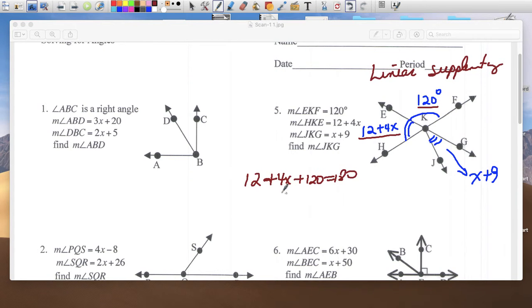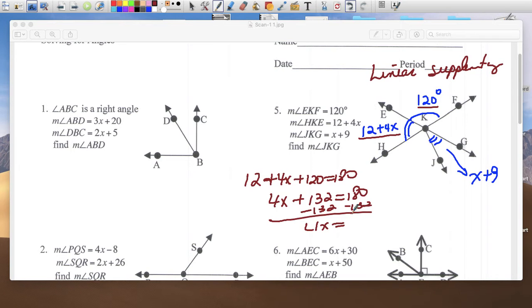Combine like terms: 4x, 12 plus 120 is 132, equals 180, minus 132, minus 132, and 4x equals 58.